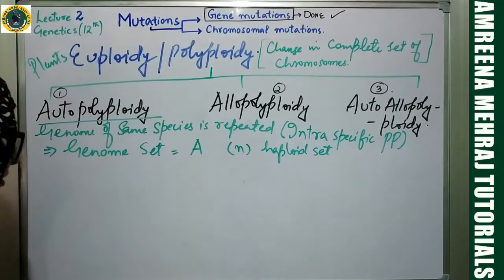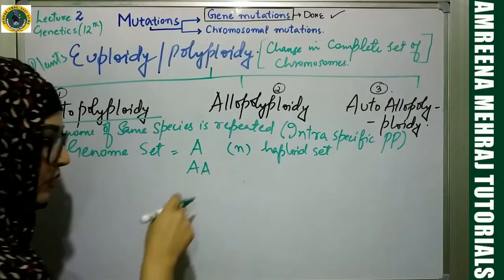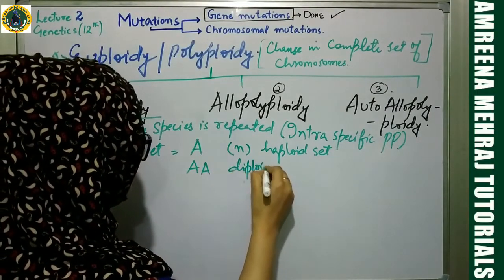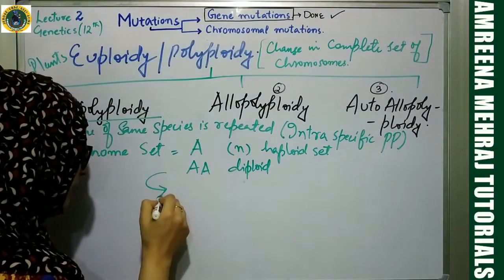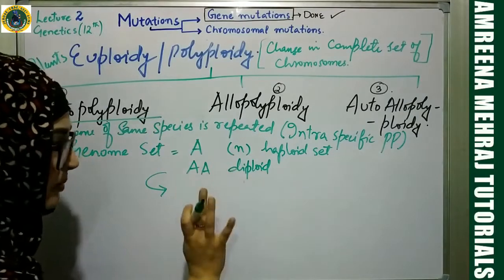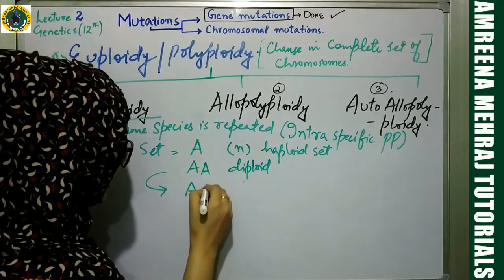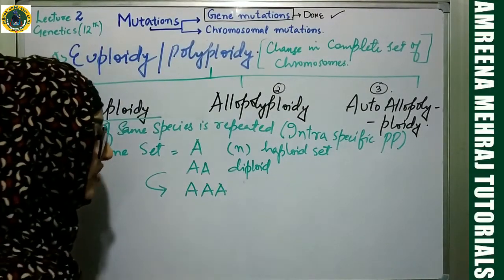Now, if an organism has this condition, AA, what do you call this organism? Normal. But if the same species set is again repeated, the organism will have A A A. How many sets? 3 sets.